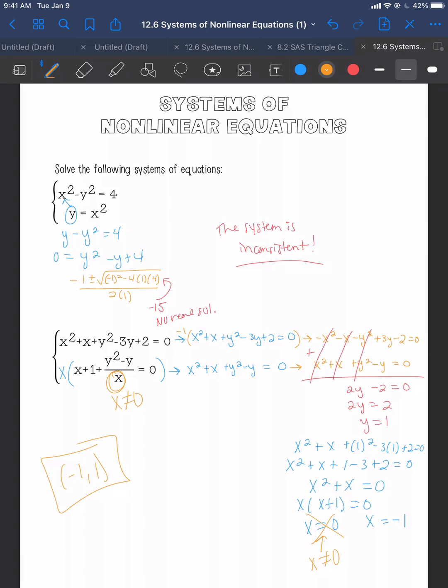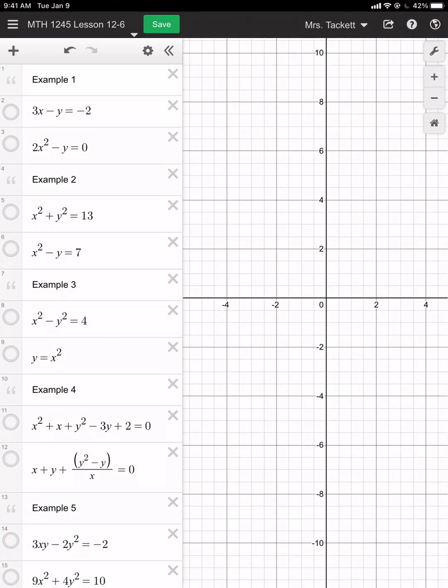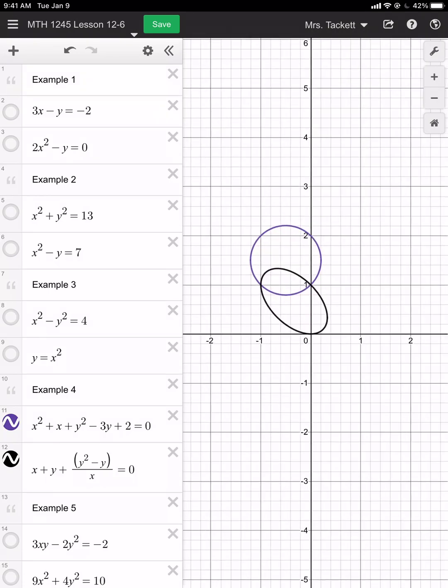Alright, so let's check out the graph. There's negative 1, 1. And there's 0, 1, but remember, x cannot equal 0, so that actually is not a solution to our original second equation.